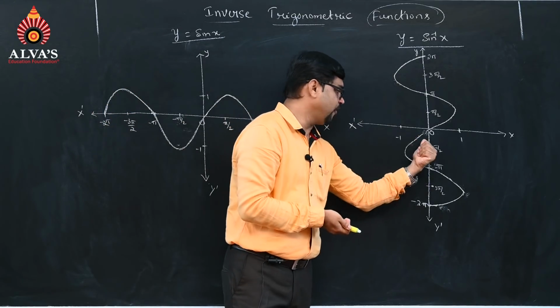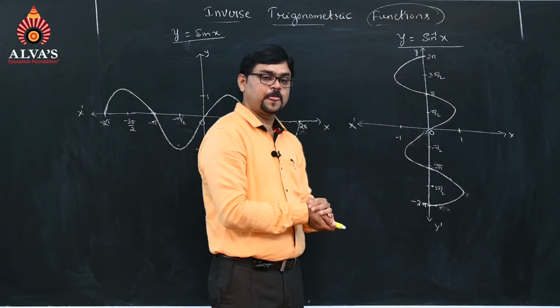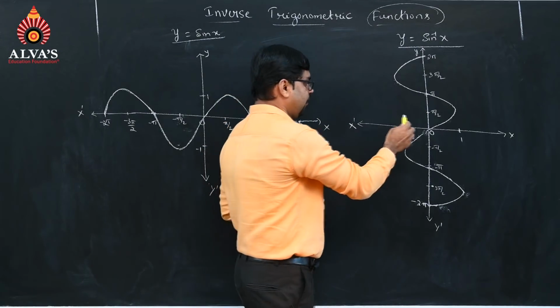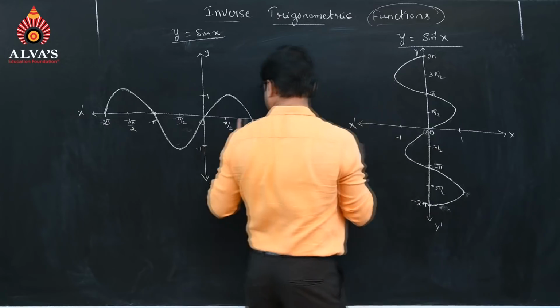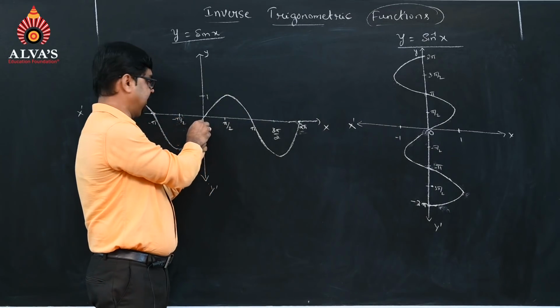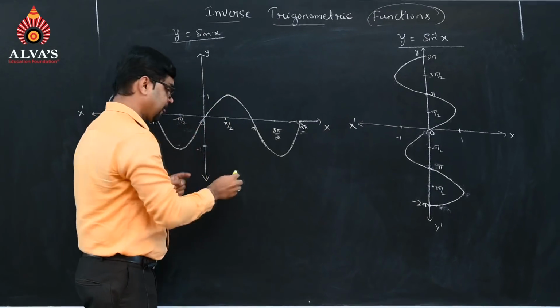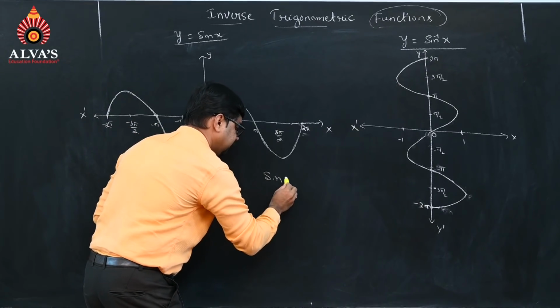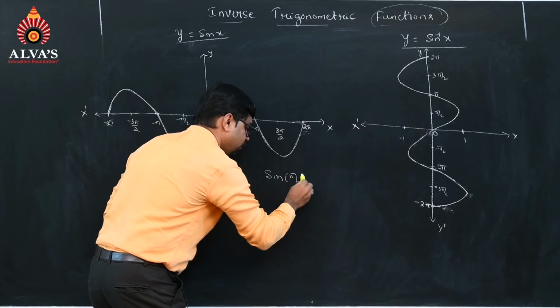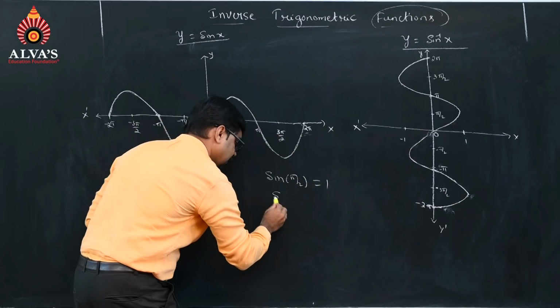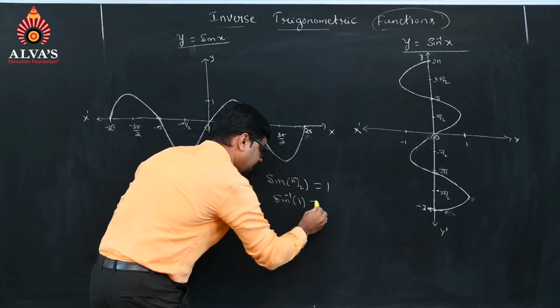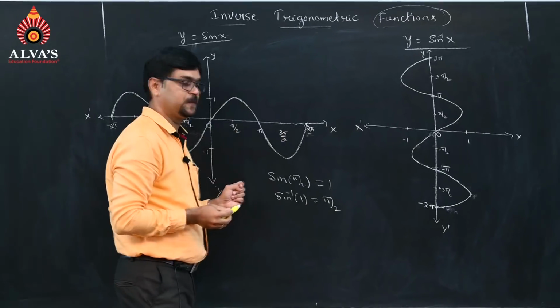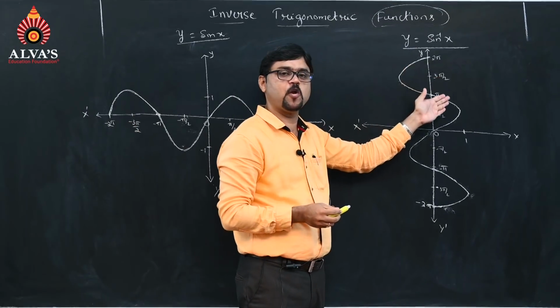So here domain is minus 1 to 1, and we discussed sine 0 is 0, sine 90 is 1. In the same way, sine pi by 2 is 1, so sine inverse of 1 becomes pi by 2. In that way we have to plot the graph.